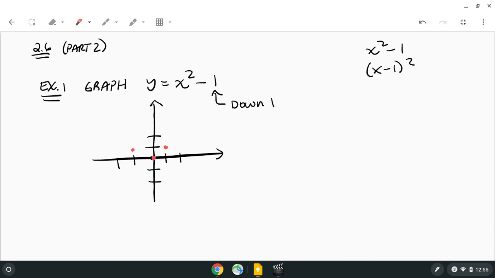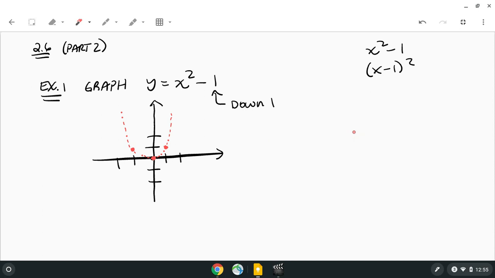So we know these are the 3 original points of the parent function x squared, right? And you don't need to do the full graph, but I'll do a dashed graph so you can see sort of a ghost of the parent function, because remember, we are graphing this, which is taking the parent function and shifting it down 1.